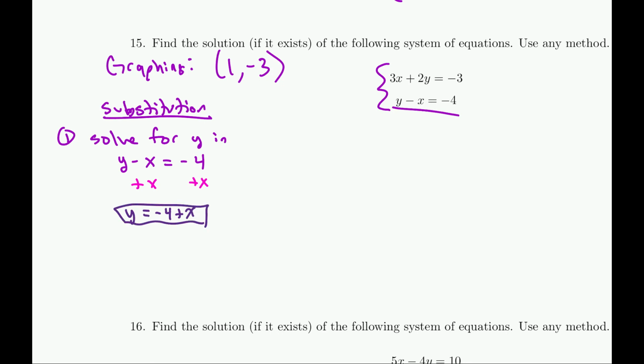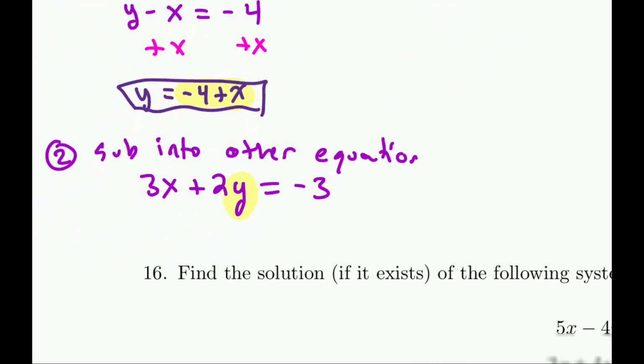Then what you do is you take that answer and substitute it into the other equation. So the other equation is 3x plus 2y equals -3, but the idea is y is actually equal to -4 plus x.